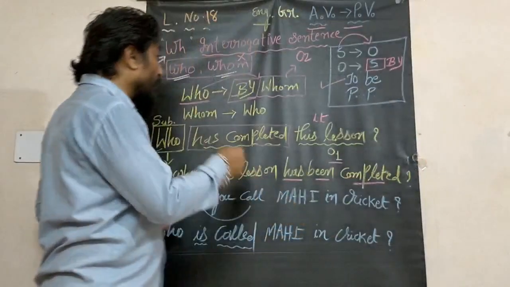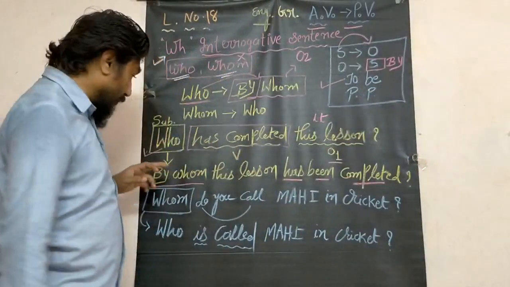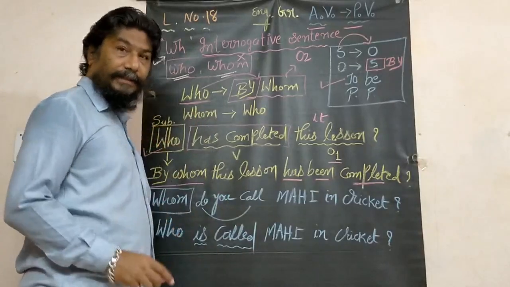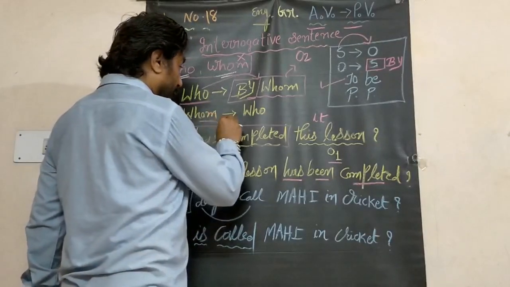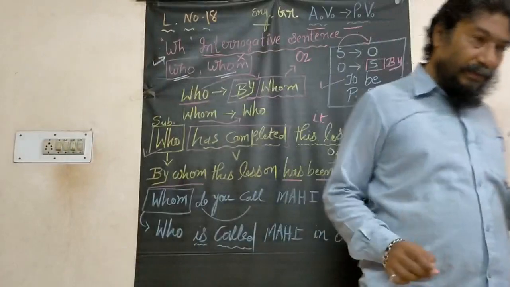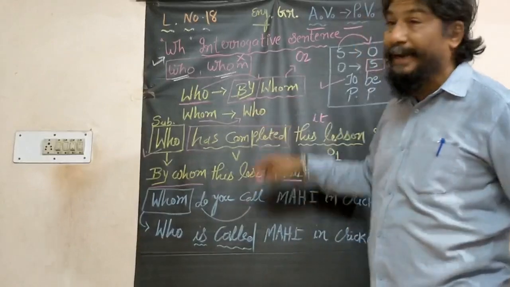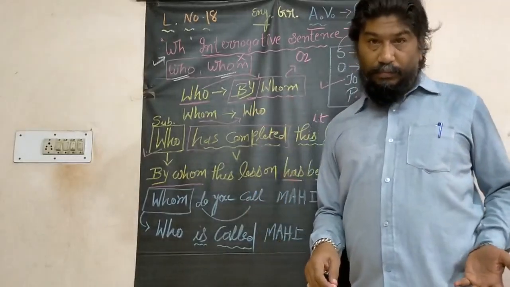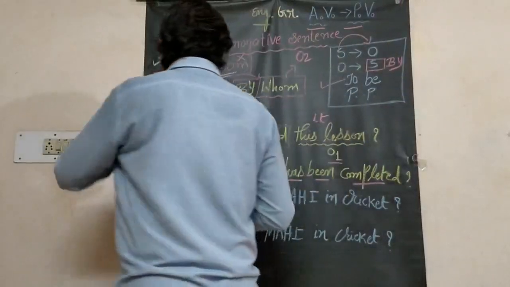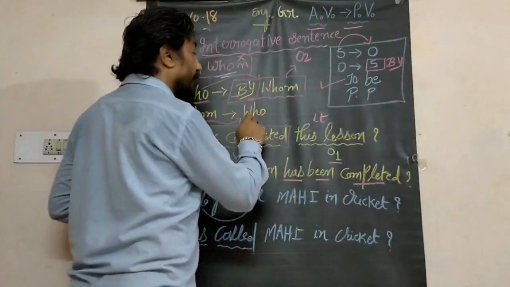Because who and whom both will be with changes. Here also, when whom is used in a sentence, whom should be converted into who. તો તમને એક question થયો sir. Here we have used by whom, then why here we will not use by who? Naturally, it must be there in your mind. If who is converted into by whom, then why is whom not converted into by who?